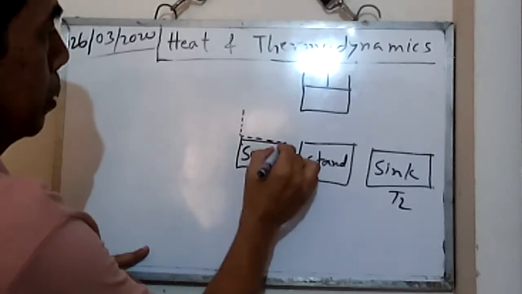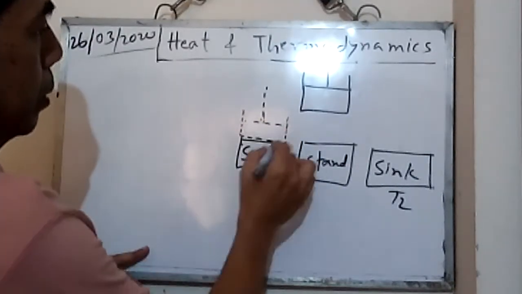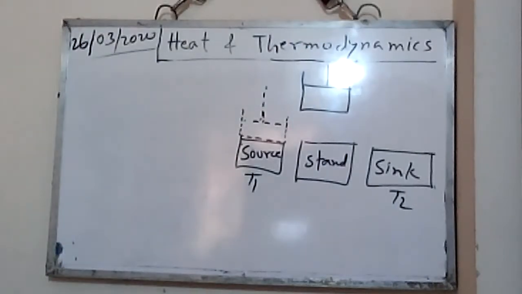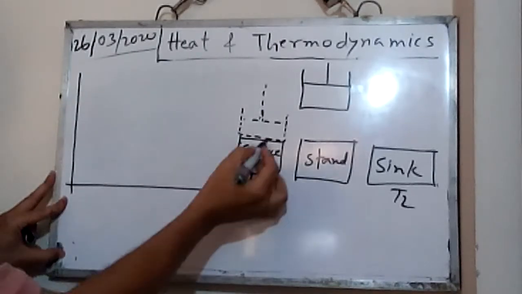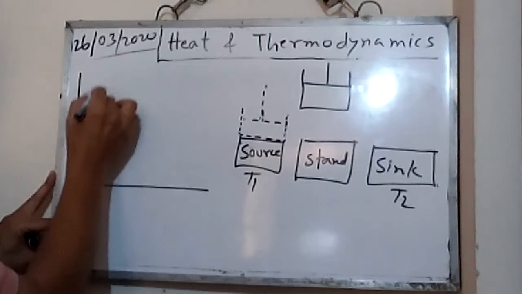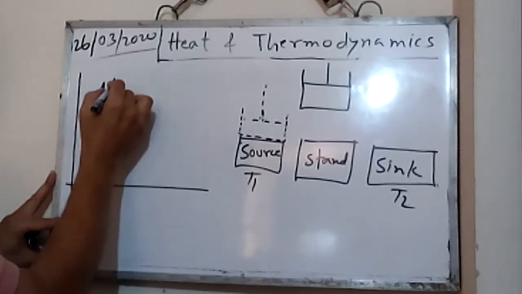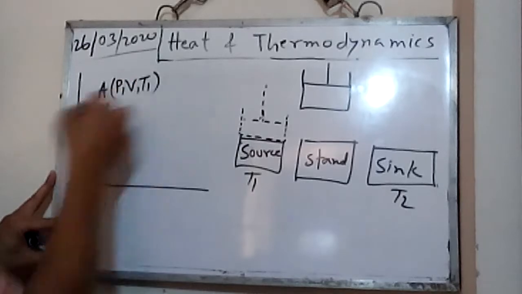Suppose like this. At this stage, we call this point A, where the pressure is P1, volume V1 and temperature T1.